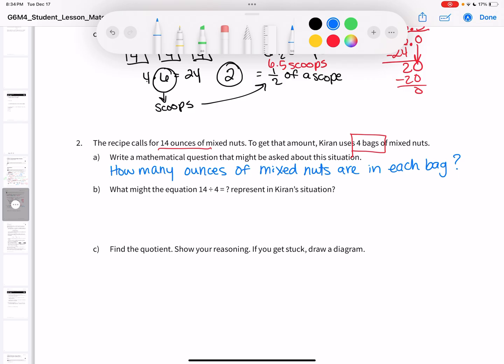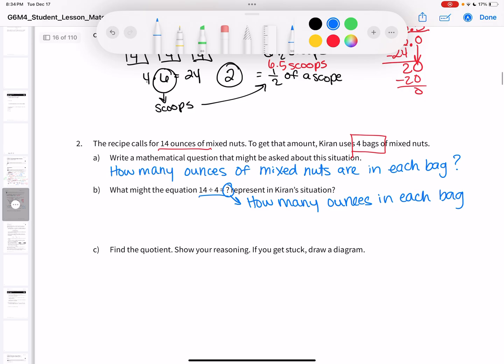Okay, so now that we know our question, we can write an equation. What might the equation 14 divided by 4 equals question mark represent in Kieran's situation? Well, the question mark represents how many ounces in each bag, right?